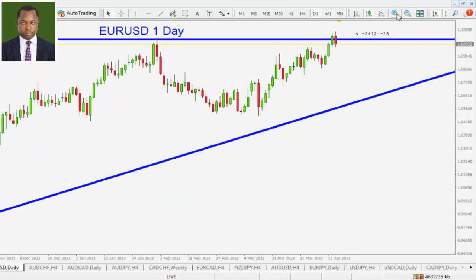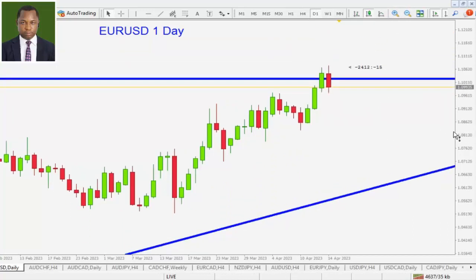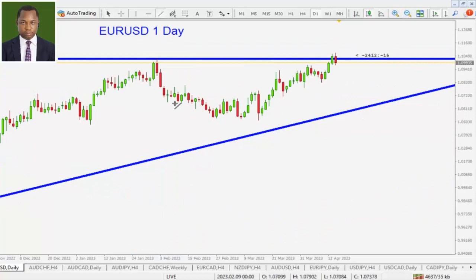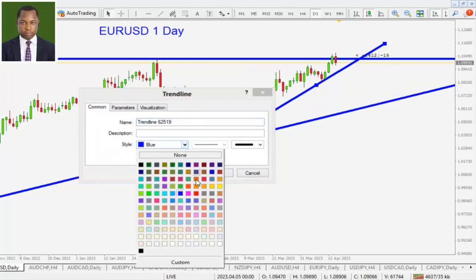Now in the daily time frame, let's see what's going on here. In the daily time frame we have an uptrend here. Keep that level as the outer trend line.